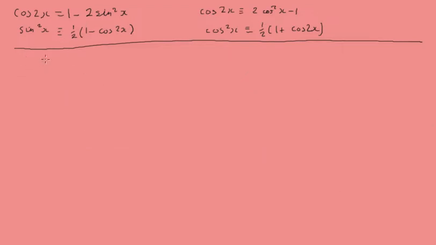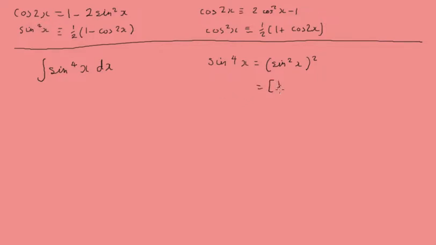Let's find something a little bit more tricky. So this time we're going to do sine to the power 4 x dx. Now we know sine to the power 4 x is the same as sine squared x, squared. And sine squared x is this, so we can substitute that in here.